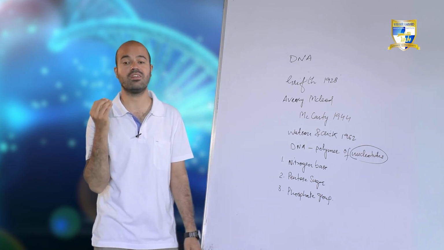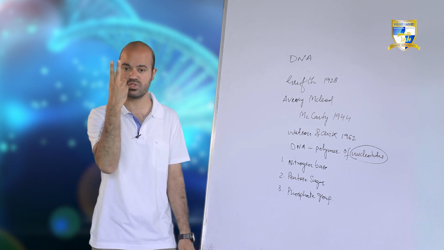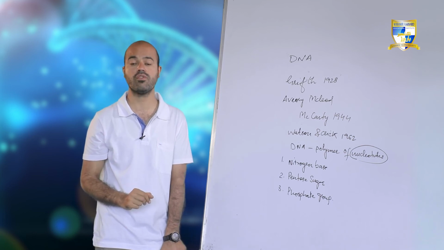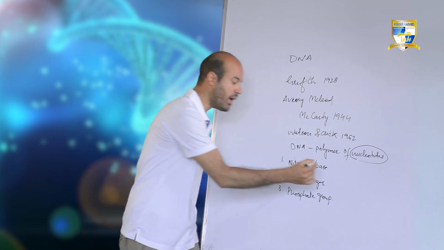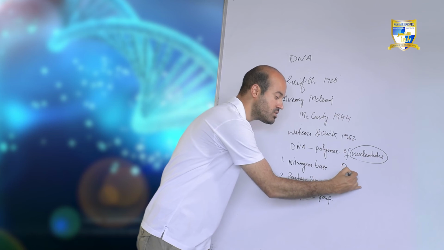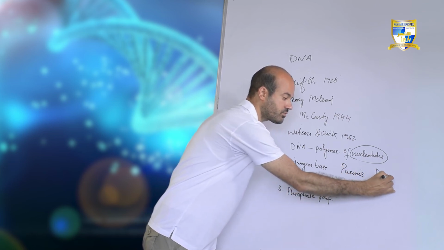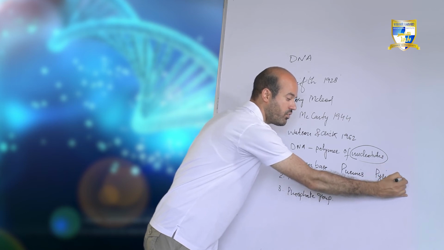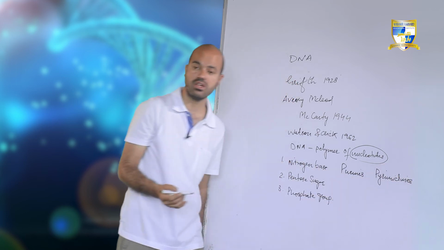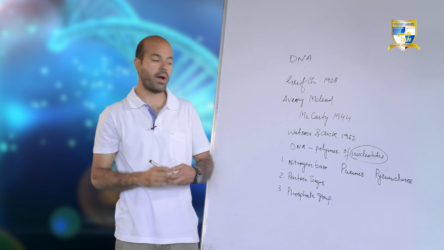And in nature, nitrogen bases are of two types: purines and pyrimidines.